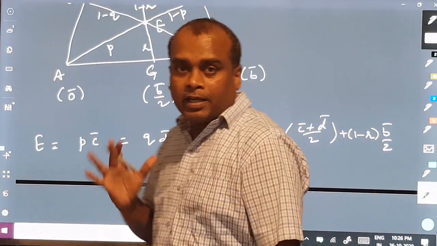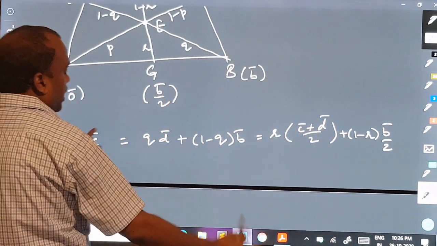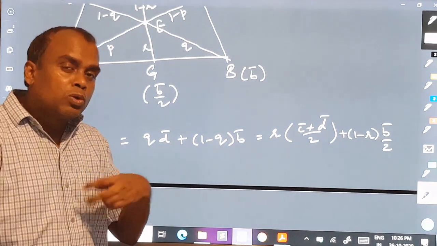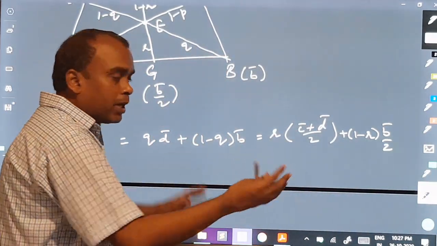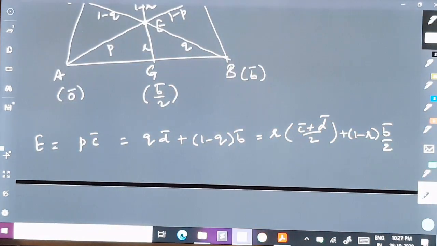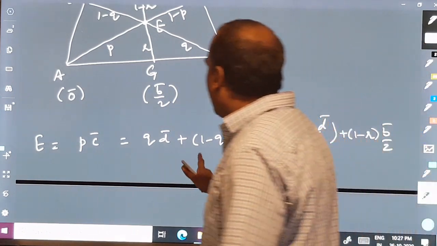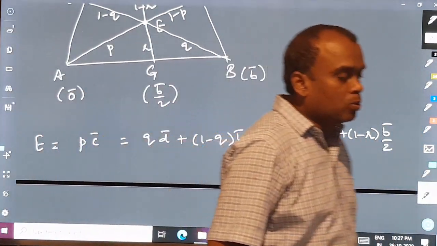Now the idea is to eliminate one of the vectors and keep it in terms of two non-collinear vectors so that I can compare corresponding components on both the sides. So before that, I am going to multiply this relation throughout by 2.